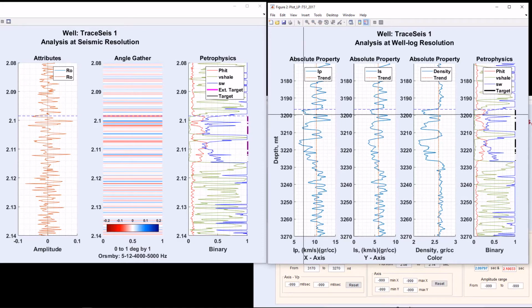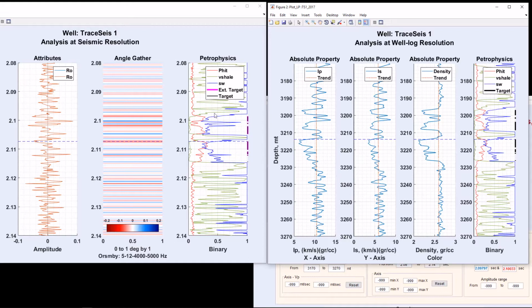This is an increase in impedance, which goes to a positive value or blue color. Again, we have here a decrease in impedance, going to a red color. Decrease in impedance, going to a red color. So we have verified that effectively a decrease in impedance produces a negative reflection, and an increase in impedance produces a positive reflection.